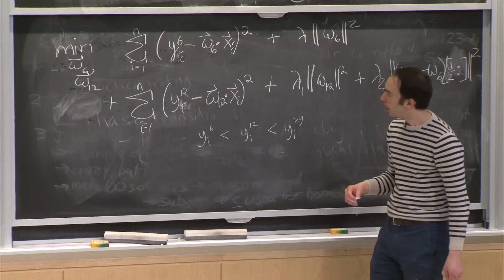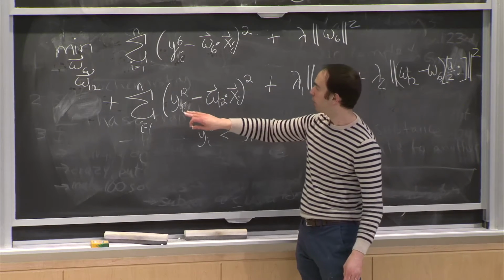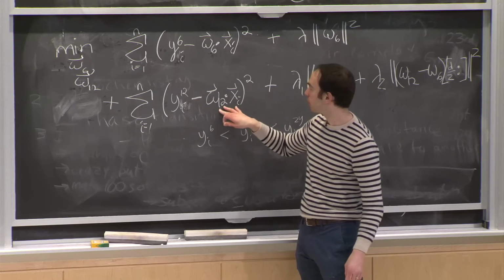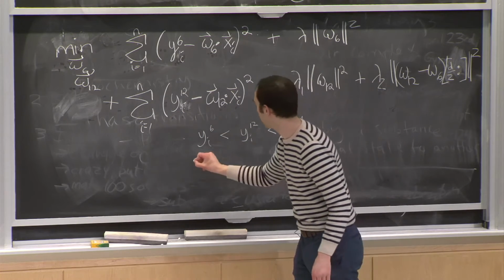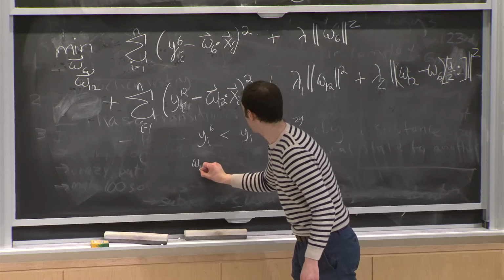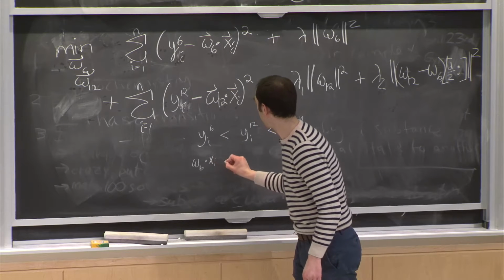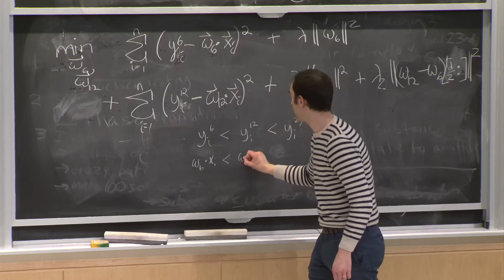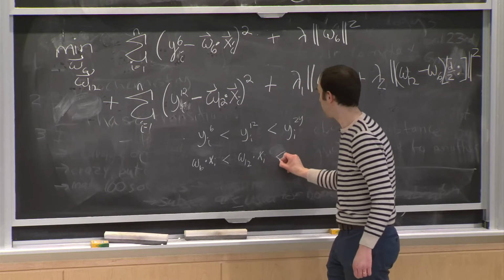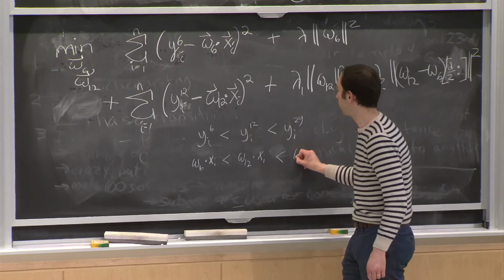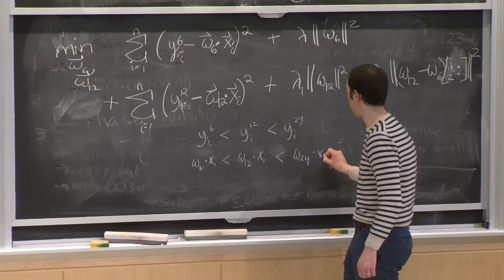And if we were able to do perfect prediction, meaning if it were the case that your predicted y's are equal to your true y's, then you should also have that w_6 dot x_i is less than w_12 dot x_i, which should be less than w_24 dot x_i.